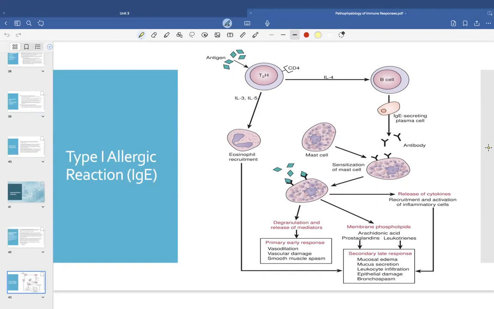Your interleukin 4 is then going to attract your B cell, which becomes the plasma cell and produces your antibody, and then that can be stored in those mast cells for the second time you get an exposure. And then you get this massive release of all of these, the histamine, etc. And this does talk about some of the late phase response at the bottom.